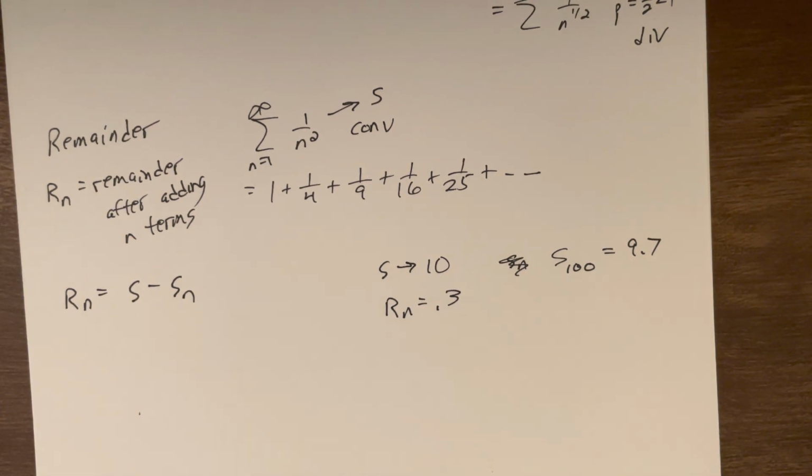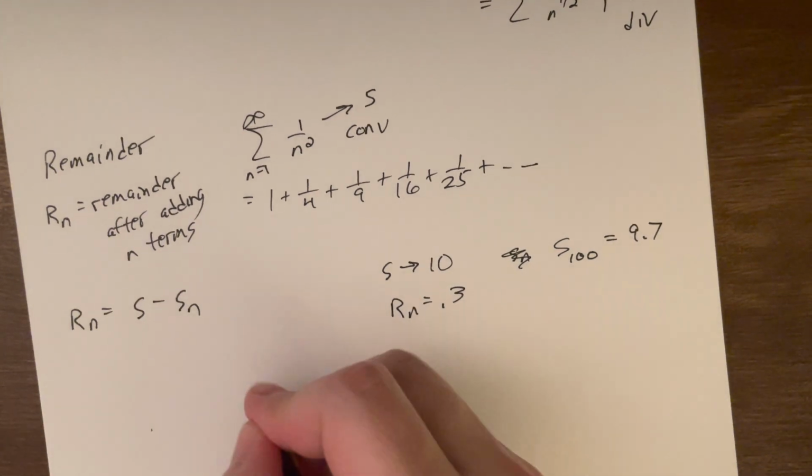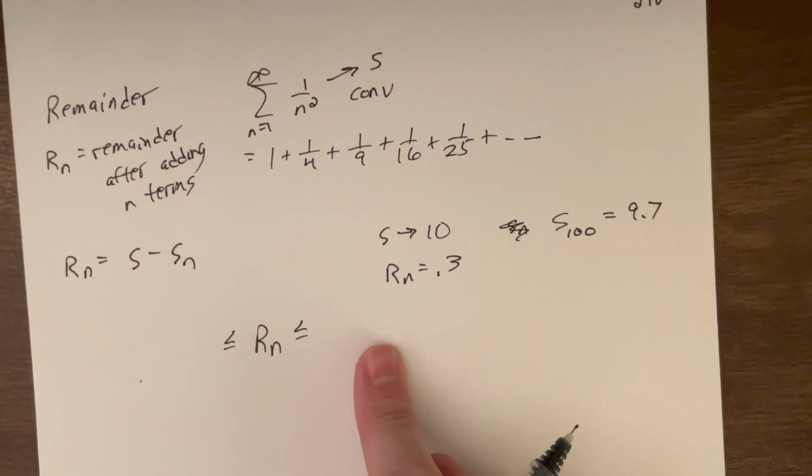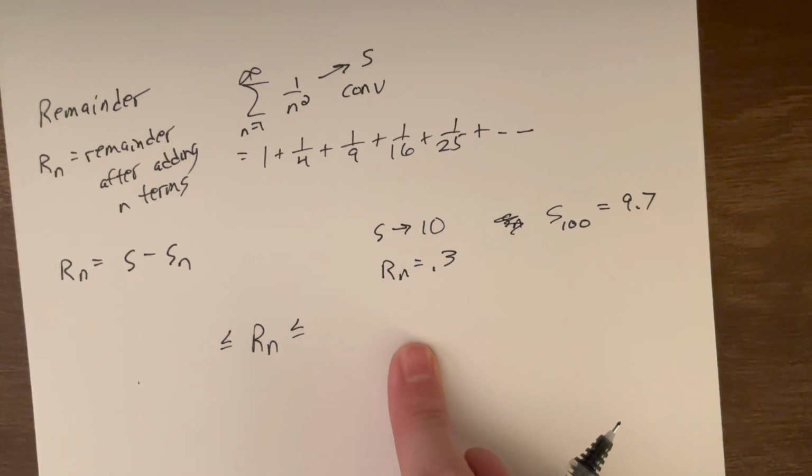This comes up at the end of this section. It's on page 763. The book notes this, that the remainder would always be bounded by these two improper integrals.